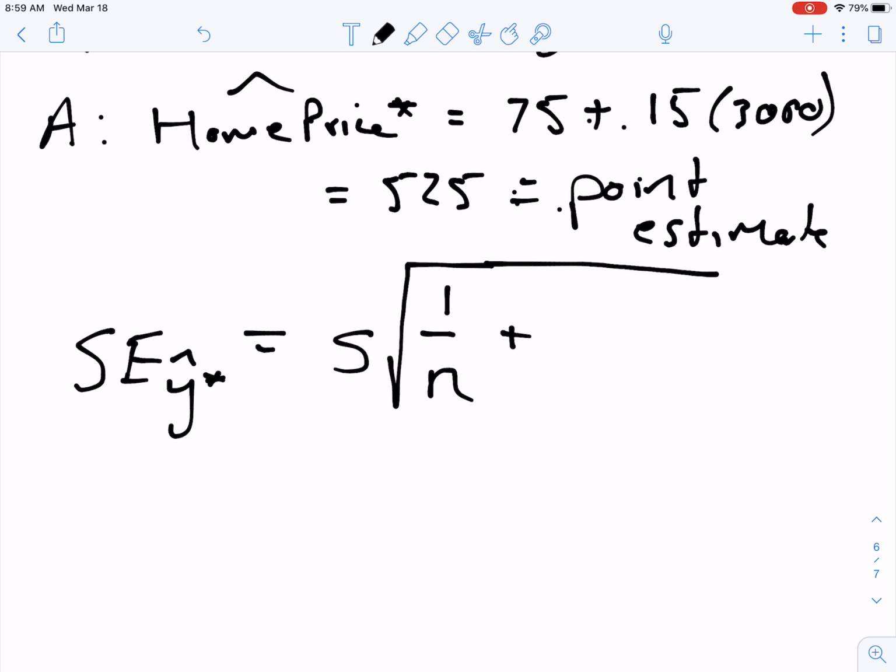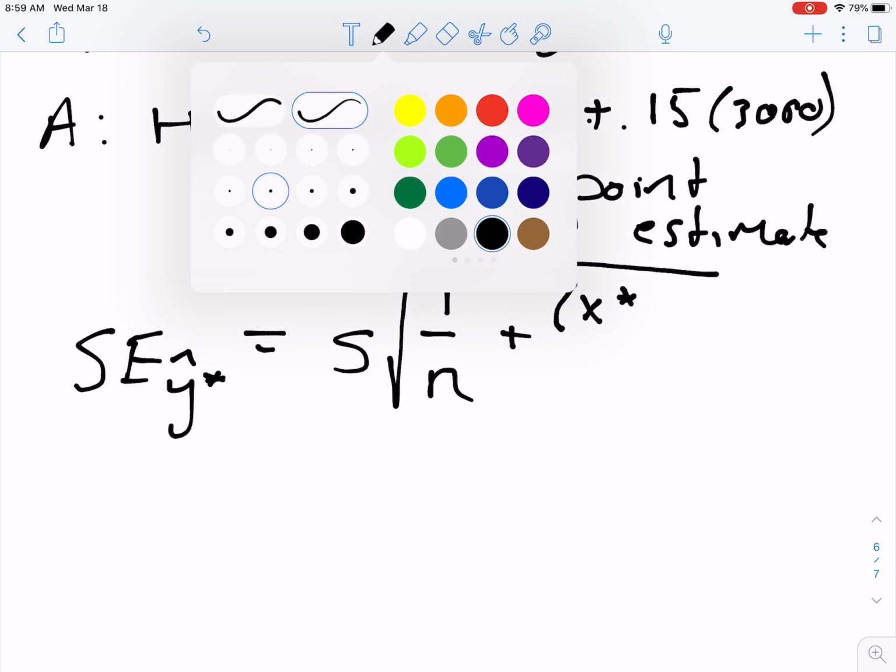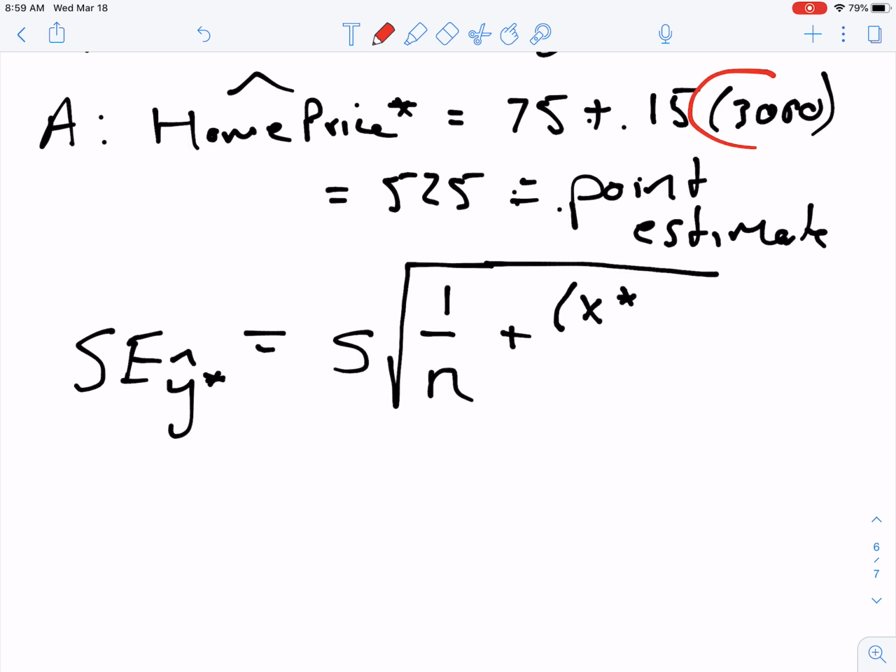And so how we reflect that is x star, which in this case would be 3,000. That's the x we're interested in looking at, that 3,000 right there. That's what we would plug in for x star if we were doing this. But we could do that for any x star. So in this particular case, it would be 3,000, but I'm writing the general formula, minus x bar, so the distance between the particular x star you're interested in and x bar.